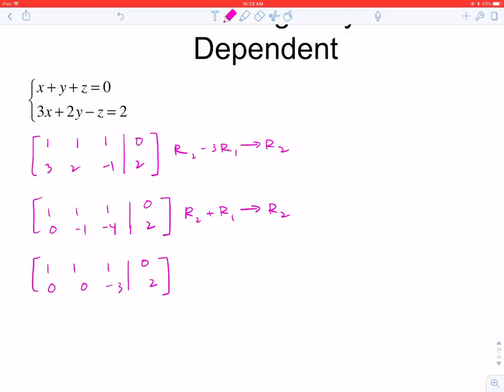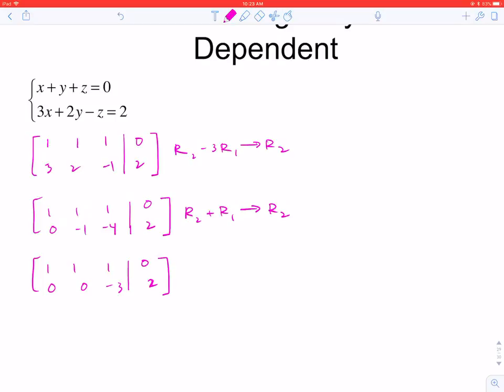Okay, so basically, actually at this second step, we would have been able to tell that there's infinitely many solutions. Because row 1 didn't just cancel out row 2, we can tell there's infinitely many solutions. It's a dependent system.